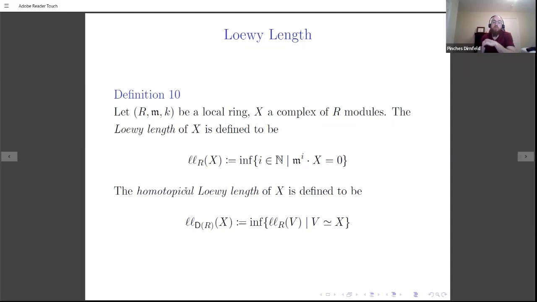And the homotopical Loewy length of X, denoted LL X, is defined in the derived category. This is the infimum of all the Loewy lengths of V, where V is quasi-isomorphic to X.